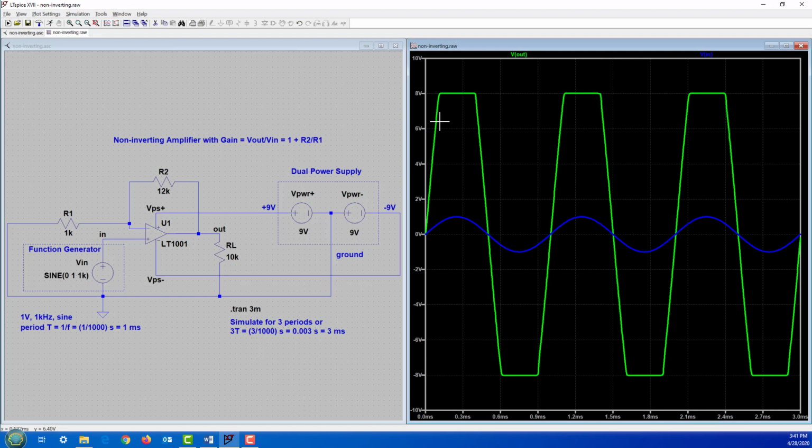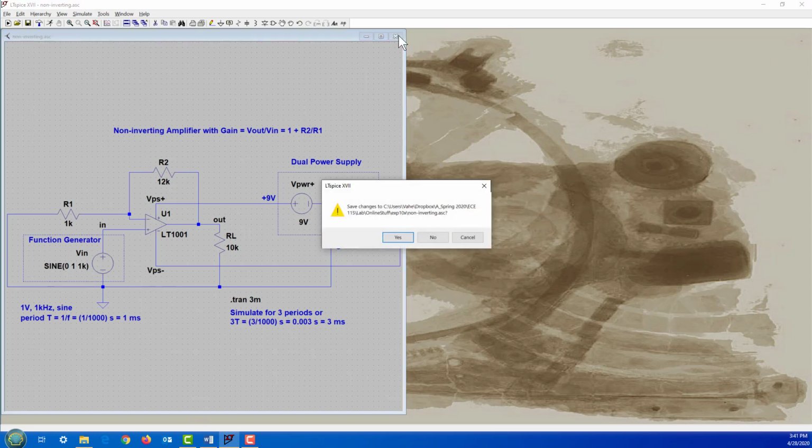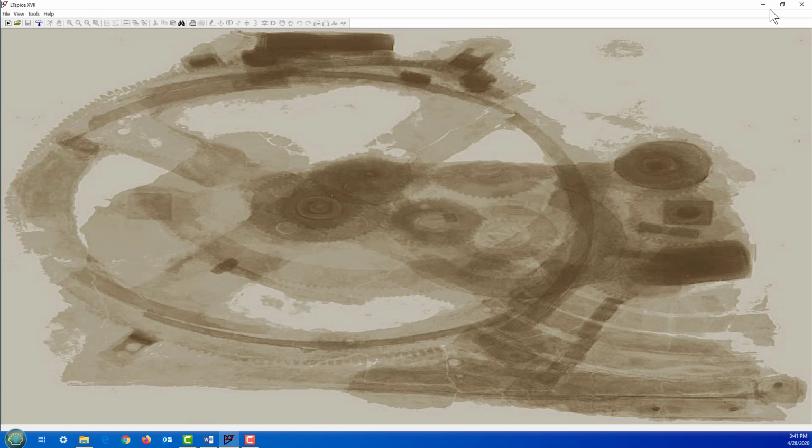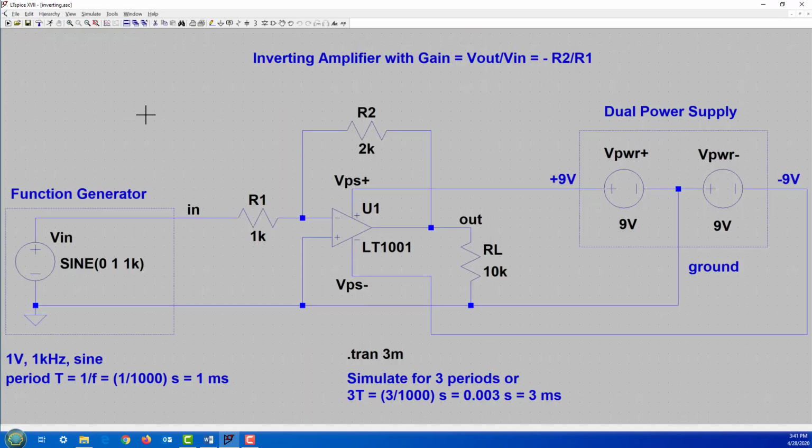You've done the work for the non-inverting amplifier. Okay, and we are basically going to repeat the same thing for the inverting amplifier. So let me show you that, okay? So the inverting amplifier is sitting over here. Let me get that for you. Here's the inverting amplifier.